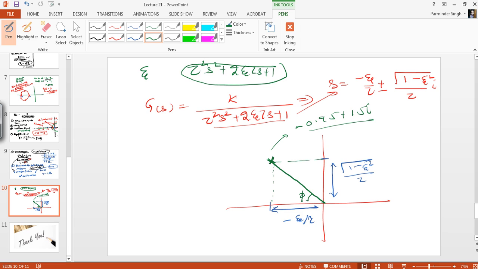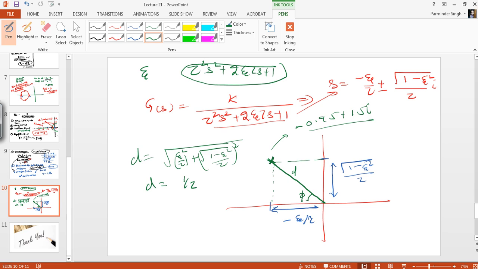We know this part is this. Now what is d? Can we find the distance d? Distance d will be the square root of (zeta by tau) whole squared plus (the square root of 1 minus zeta squared by tau) whole squared. That will be base squared plus perpendicular squared.